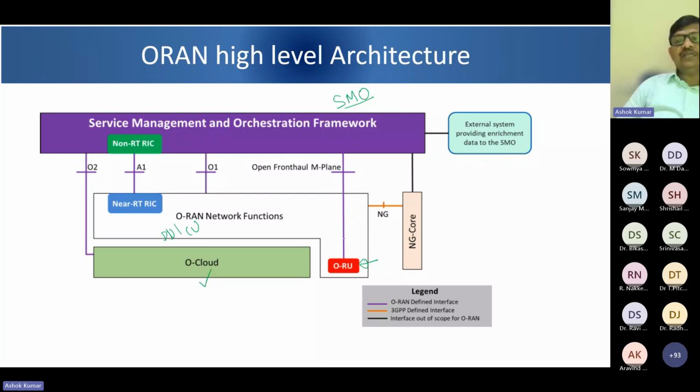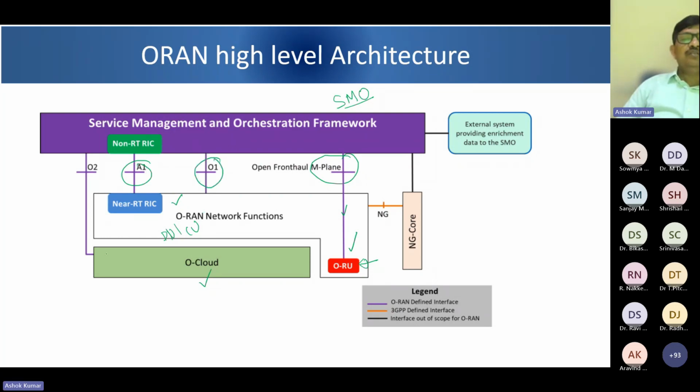So there will be connectivity to the O-RU on a management plane. This connectivity is shown. Similarly, you have DU and CU, and you also have the near real-time RIC there. The RIC connects to the SMO using the A1 interface, and your DU/CU uses the O1 interface.